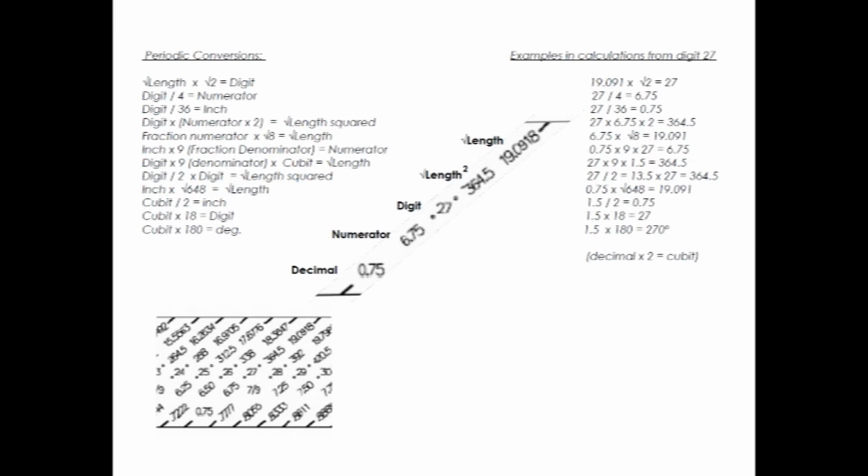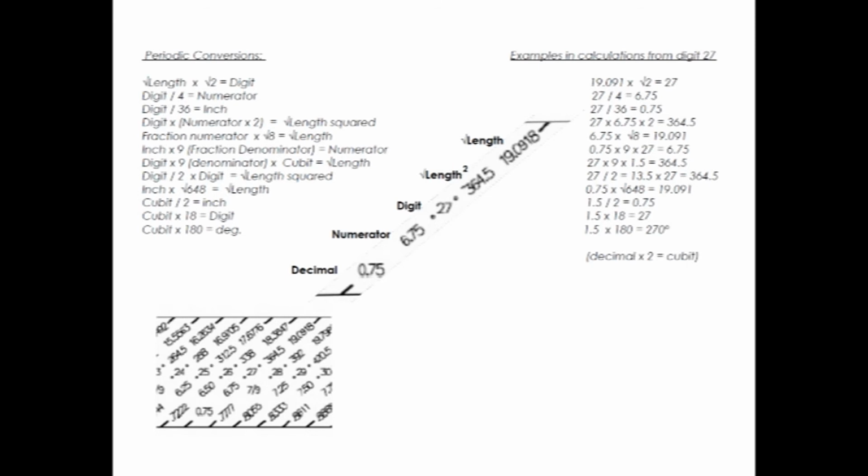Digit divided by 2 times digit equals root length squared. 27 divided by 2 equals 13.5 times 27 equals 364.5. Inch times root 648 equals root length. 0.75 times root 648 equals 19.091.